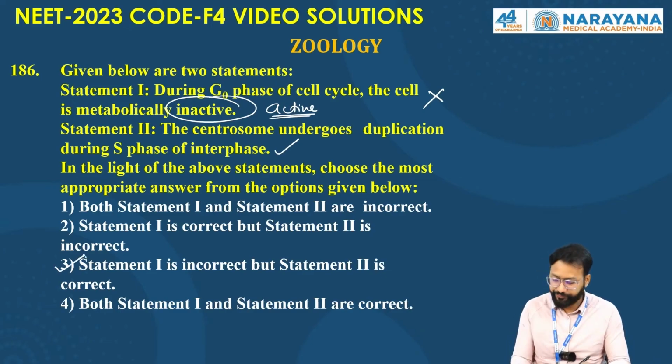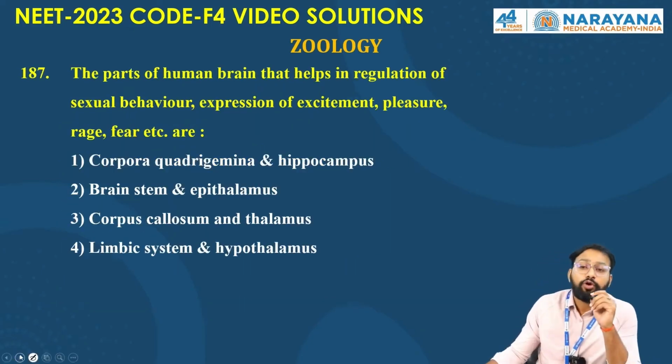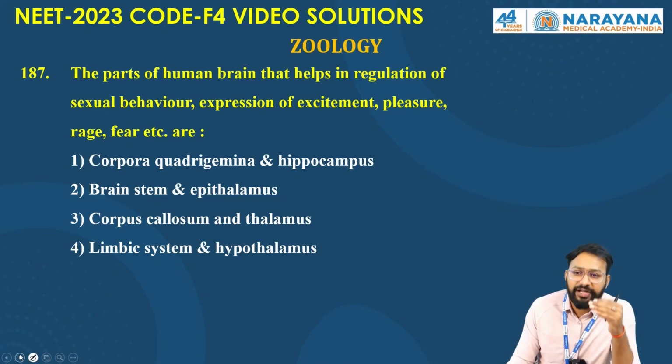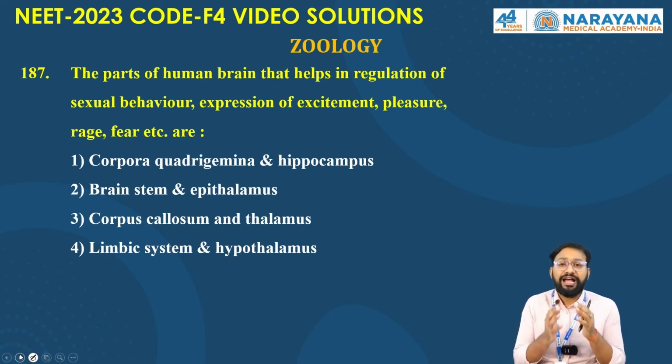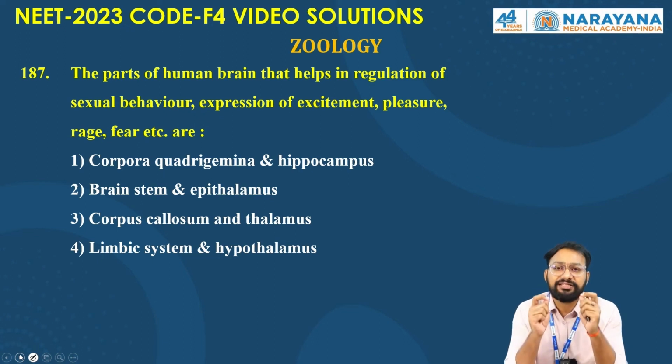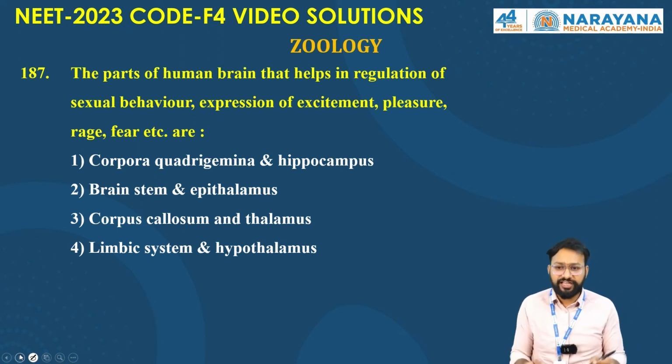Option 3. Moving further to the next question: the part of the human brain that helps in the regulation of sexual behavior, expression of excitement, pleasure, rage, fear, etc., means the emotions. The limbic system, a part of the forebrain, is called the emotional brain. So the limbic system along with the hypothalamus helps in the regulation of all these emotions.